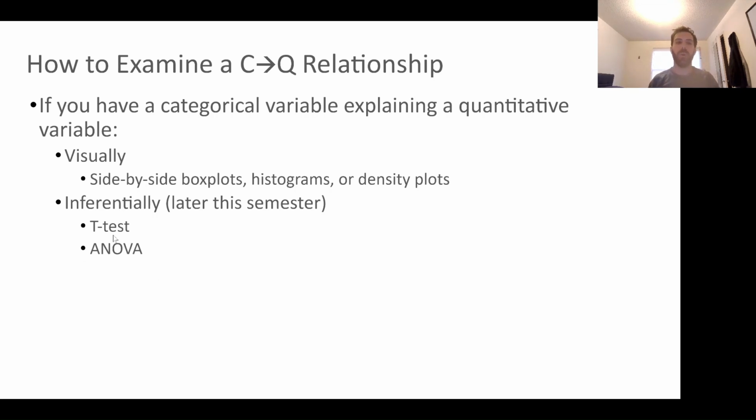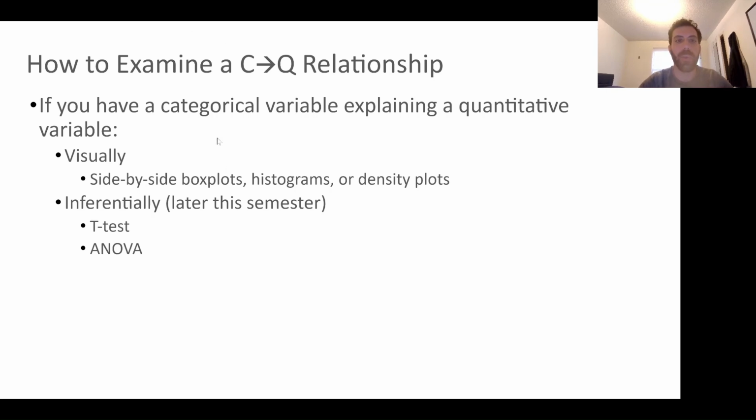And both of those are very closely related to regression. In fact, ANOVA is a form of regression. The main difference is that your explanatory variable, also known as your independent variable, is categorical.